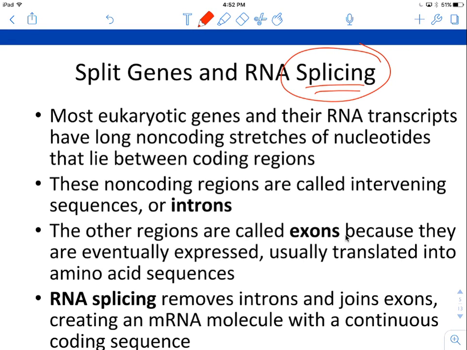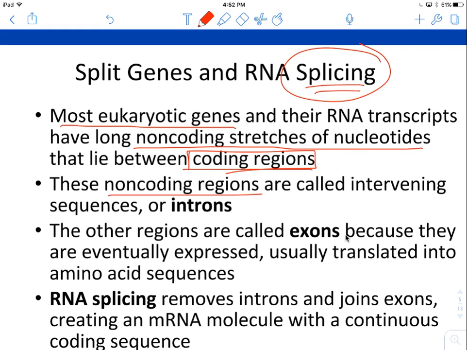Okay, so anyway, a lot of eukaryotic genes have these long non-coding stretches of nucleotides that are nestled in between the coding regions. And the coding regions are the ones we're interested in. That stuff codes for protein.